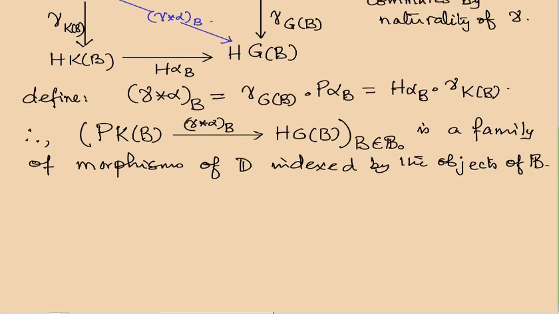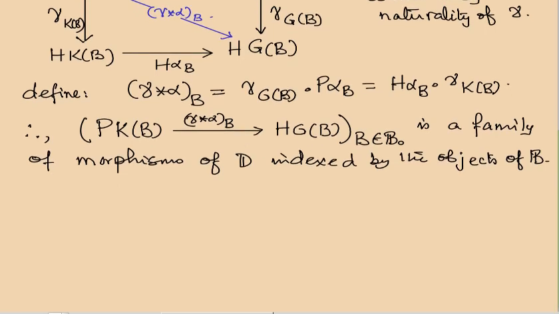So what do I have to do? Say, B to B prime in B. What do I have to show? I have to show that this diagram commutes.